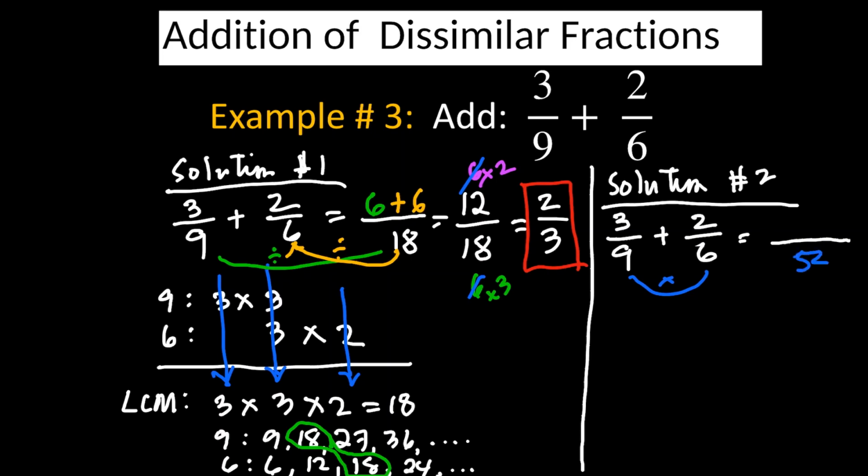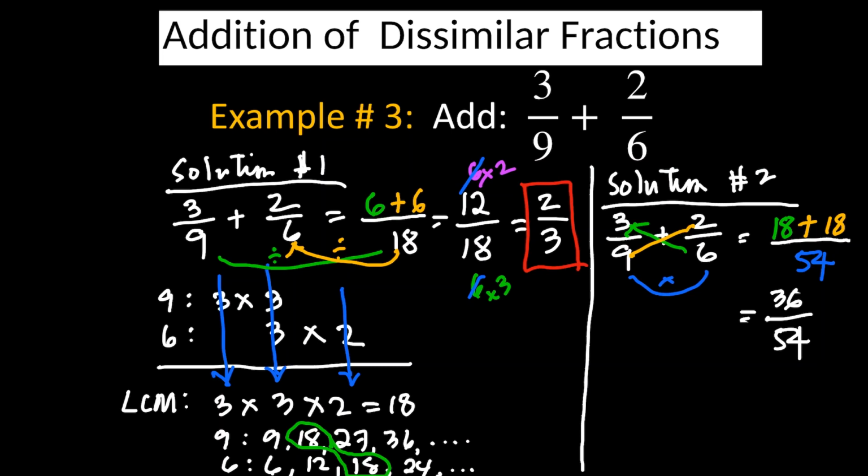You have 9 times 6, that will give you 54. And then you multiply 6 and 3, that will give you 18. And also you multiply 9 and 2, that will give you also 18. And 18 plus 18 is 36 over 54.